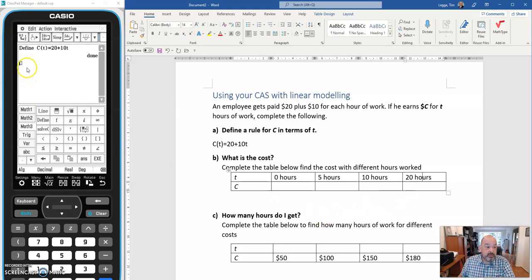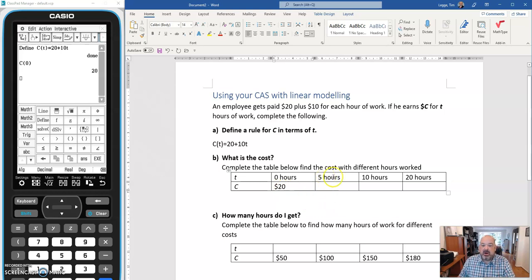What I'm going to do in my calculator is use this function that I've already defined, C, and stick different values of T in. So I'm going to write C of 0. I'm pretty sure it's going to be 20 because they gave us that up front. So C of 0 is 20. In my table, I can write $20.